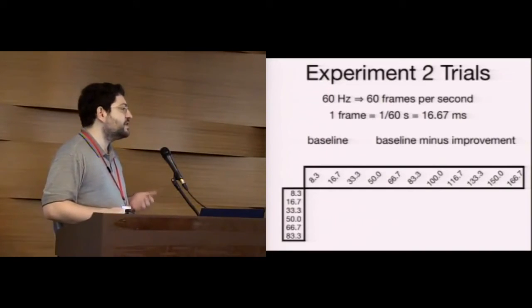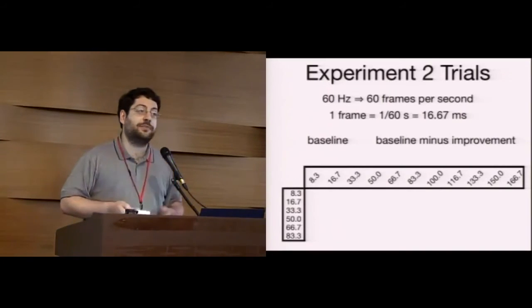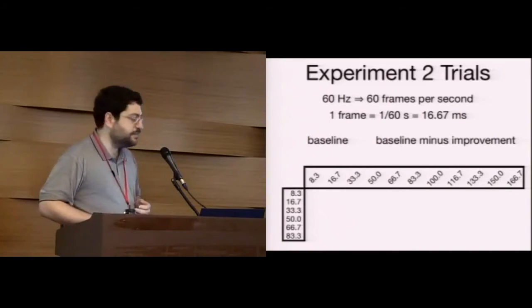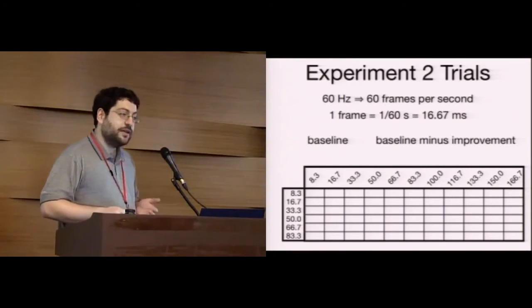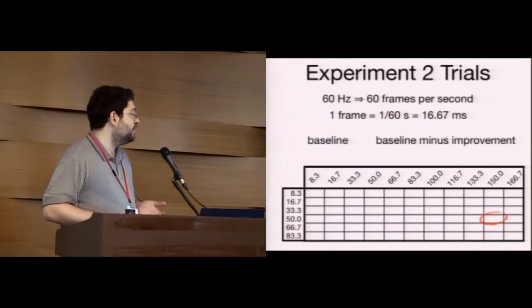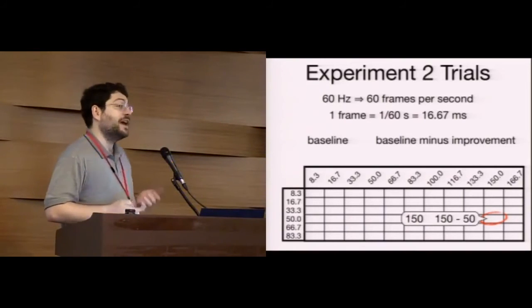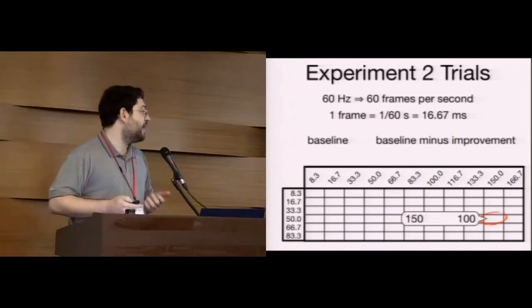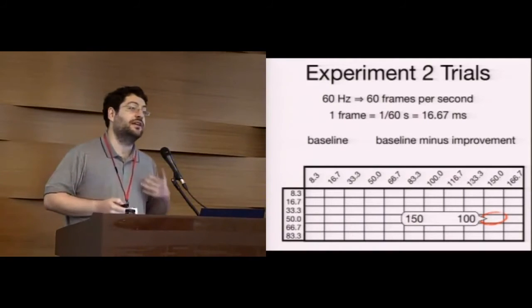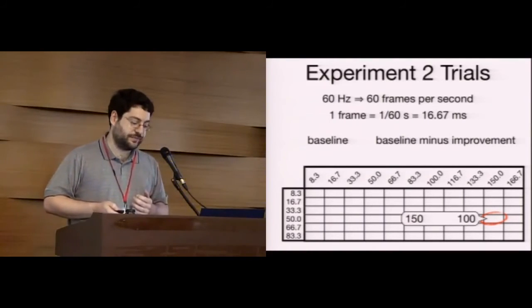Our improvements are the half frame all the way up to 5 frames of latency. So this gives us a table, and each cell in the table, for example, this one here, says we're going to be comparing 150 with 150 minus 50. So in other words, our pair here will be 150 and 100 milliseconds.